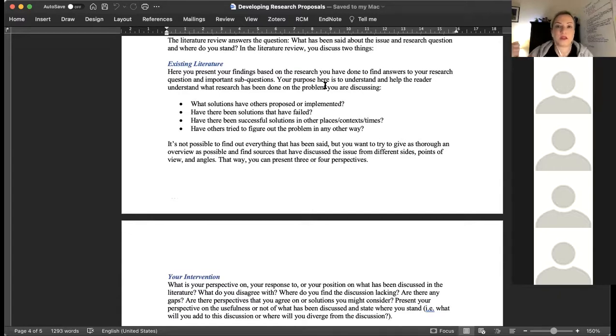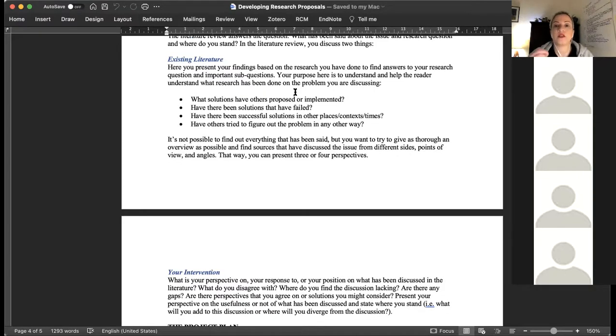If you didn't do that for last week, now is the time to go find an article that is a research article, academic, scholarly, peer-reviewed, and see what it says. And you present it. Here you present your findings based on the research you have done to find the answers to your research question and important sub-questions.